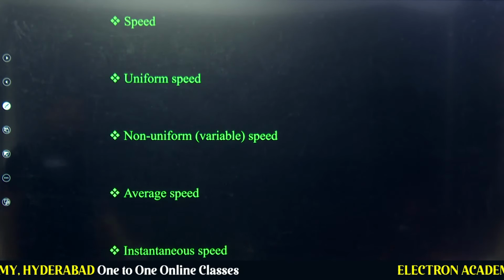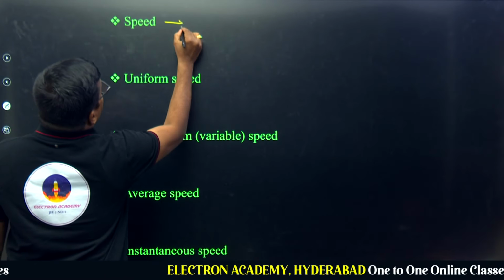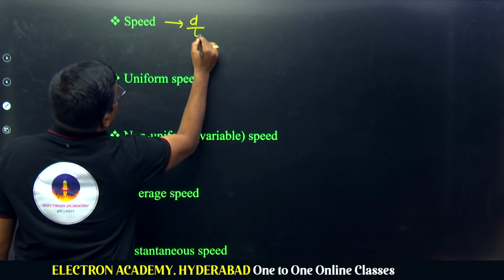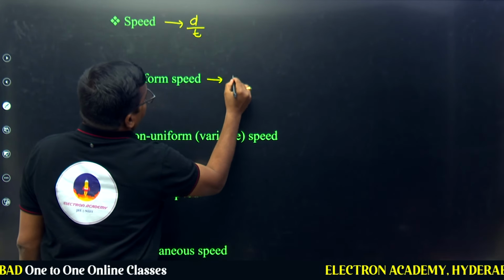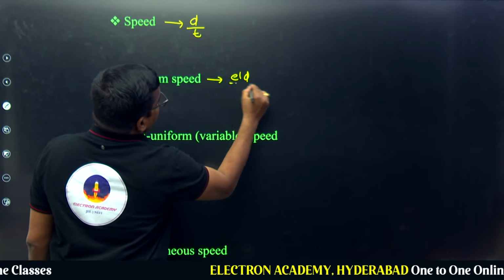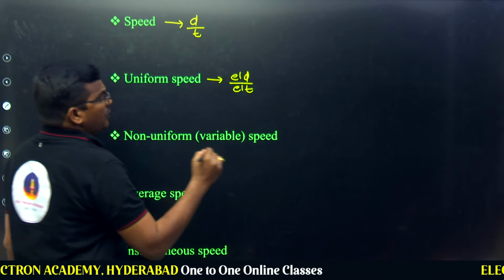See, what is speed? Speed is nothing but distance by time, right? Distance by time. What is uniform speed? Equal distances in equal intervals of time, right? What is non-uniform speed?